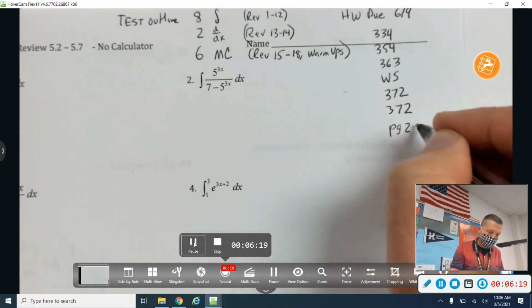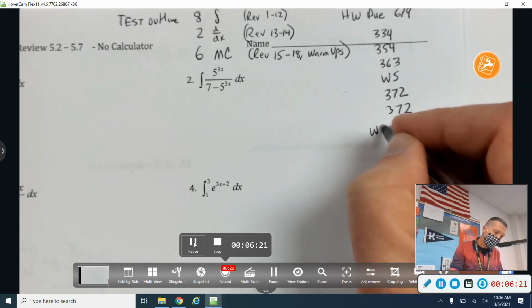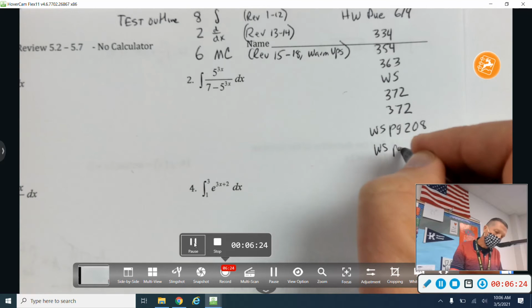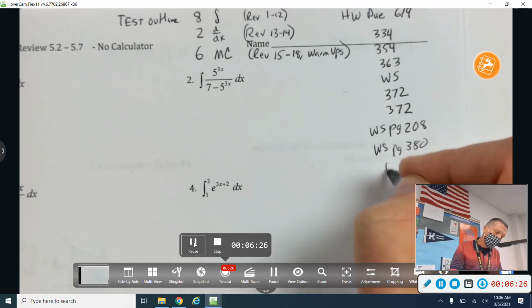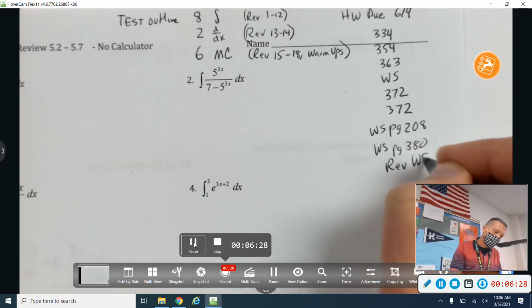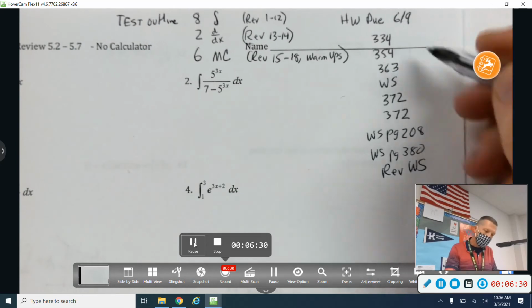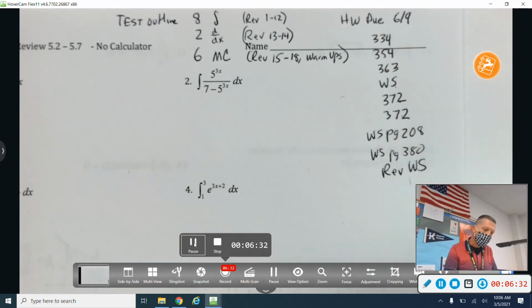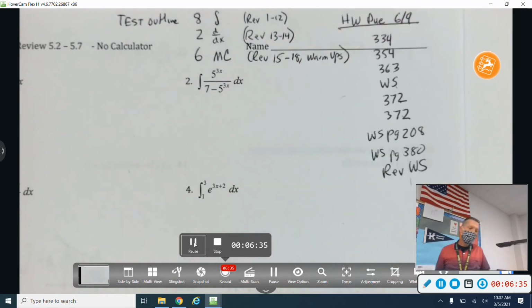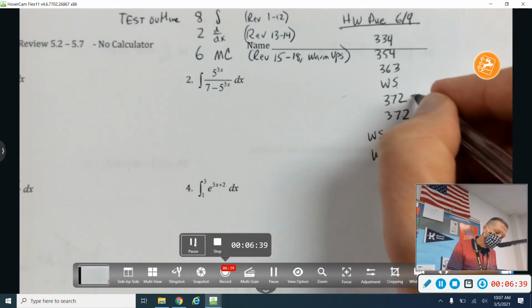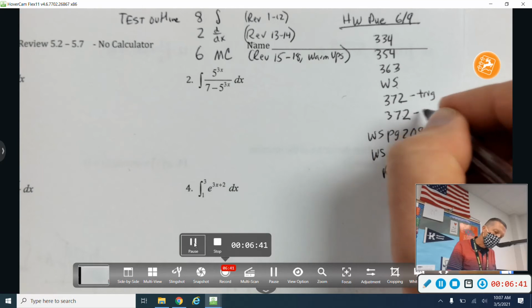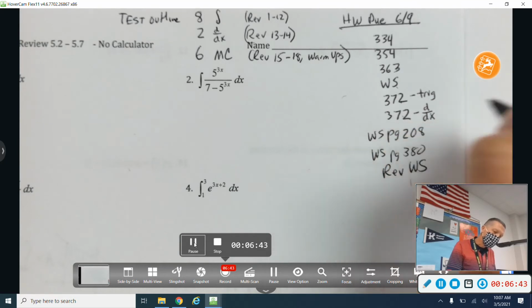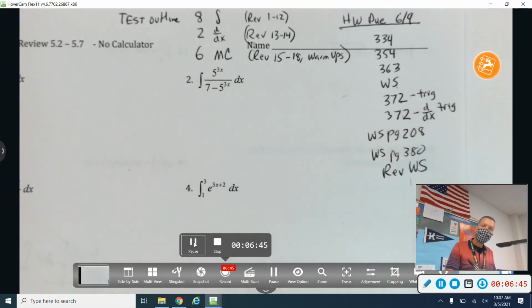A worksheet from page 208, worksheet from page 380, and then the review worksheet. 1, 2, 3, 4, 5, 6, 7, 8, 9. There were 2 page 372s. The first one was just the trig stuff, and then the next one was derivative of trig. They were 2 different days.